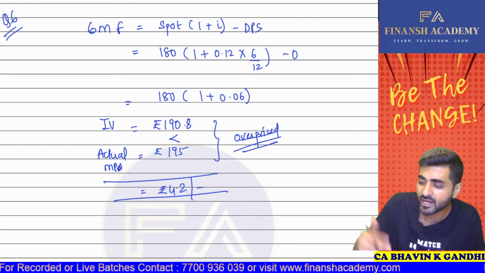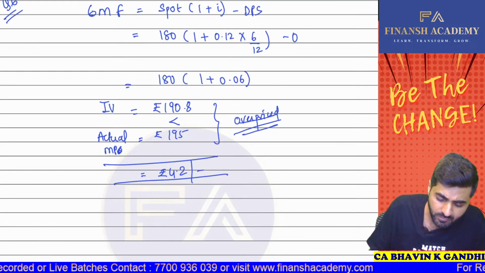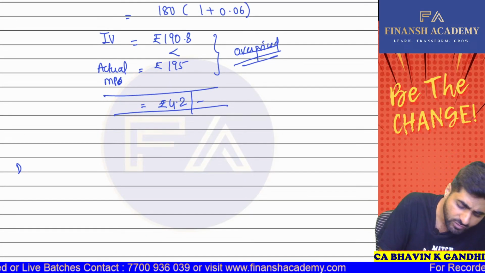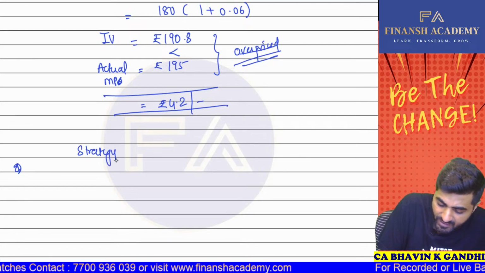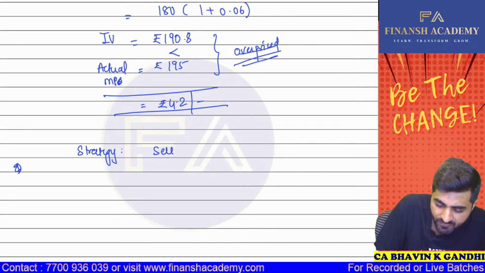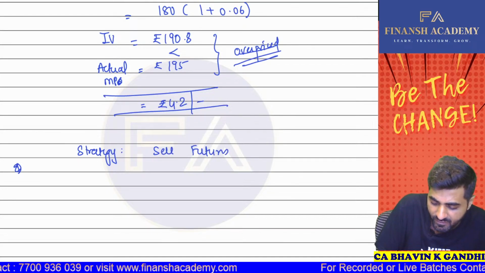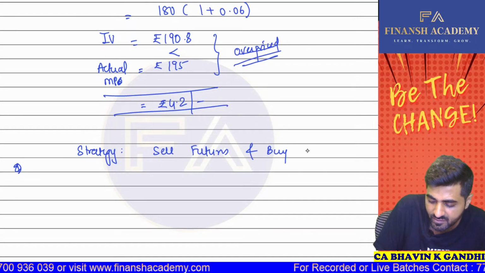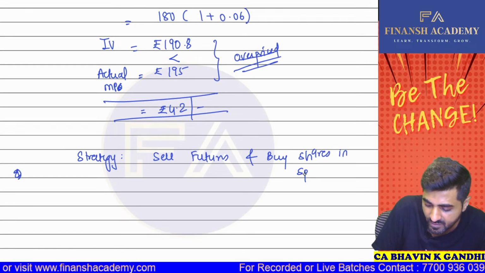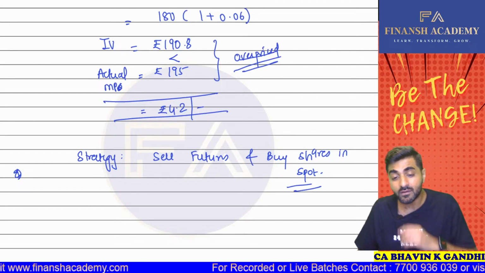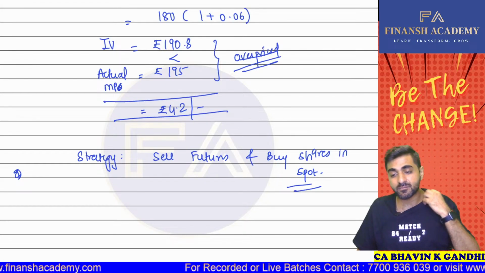Now, how do we need to do the calculations of the same? So at day zero, first of all, what's your strategy? Your strategy is that we will sell futures and we will buy shares in spot, right? So we'll be selling futures and buying shares in the spot.